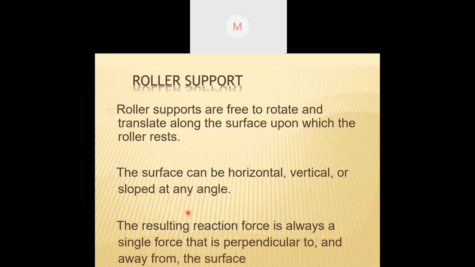So the surface can be horizontal, vertical, or sloped at any angle. Now the resulting reaction force. If you are aware of Newton's third law, every action has an equal and opposite reaction, right? So what happens? Suppose there is this support.